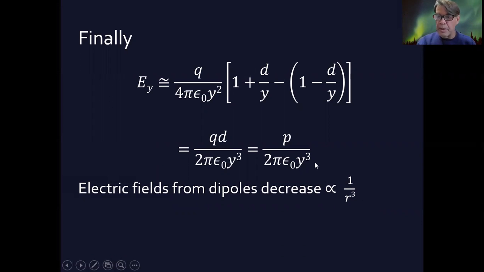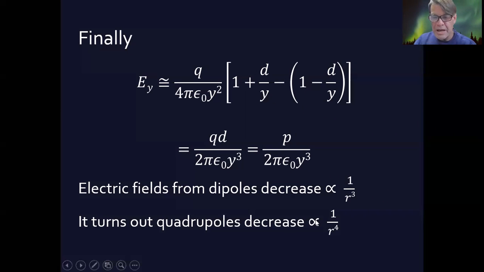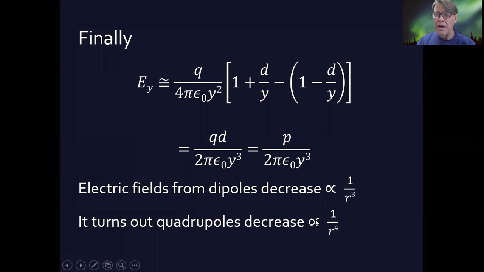And then as a final note in this section, Young and Freedman note that it turns out that quadrupoles, this is dipoles, four charges equidistant from each other, quadrupoles actually decrease proportional to the distance away from them to the 4th power.